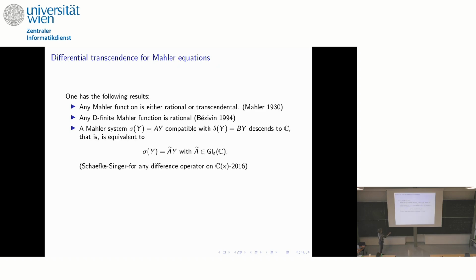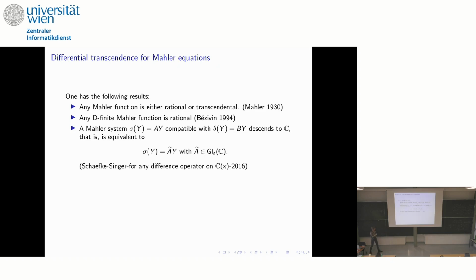So this theorem by Bézivin can be rephrased, and it has been reproved by Reinhard Schäfke and Michael Singer, by saying that a Mahler system that is compatible with a differential system must descend to the field of complex numbers. That is, you can find a gauge transform of this equation so that it becomes an equation with constant coefficients.